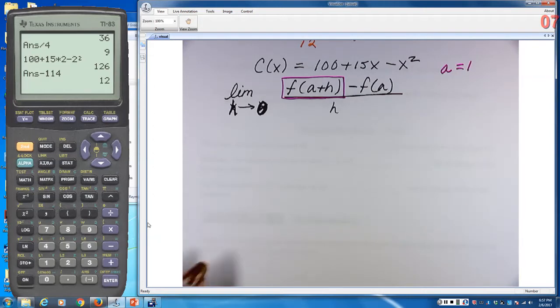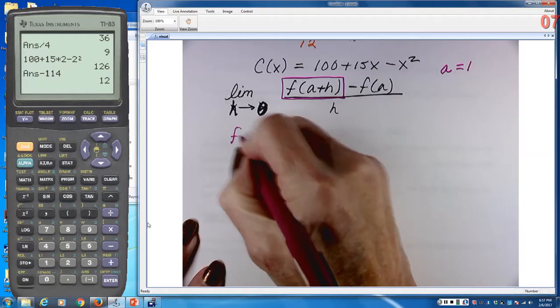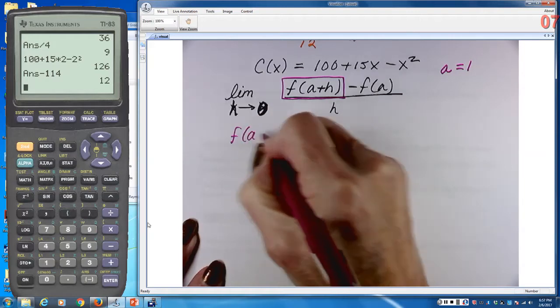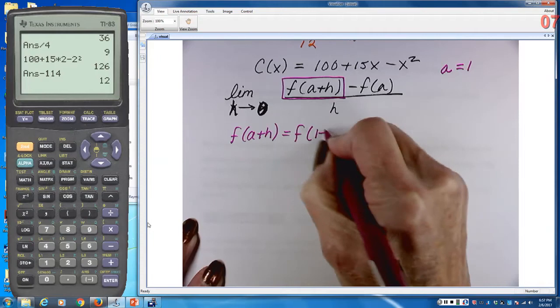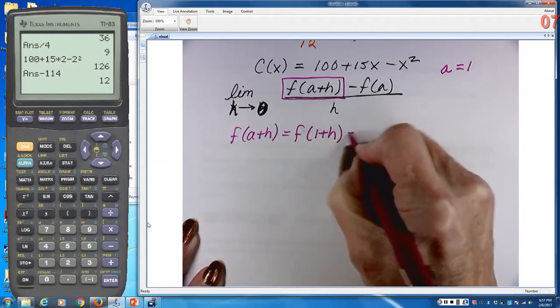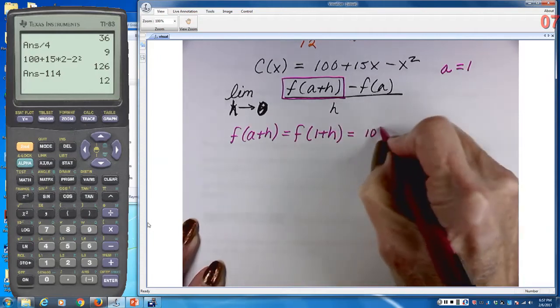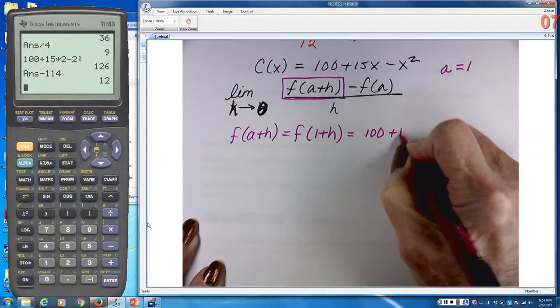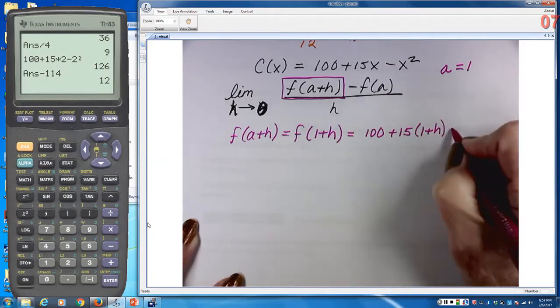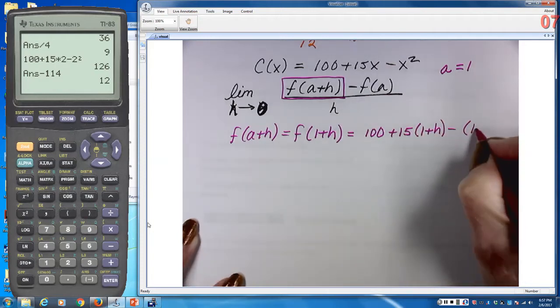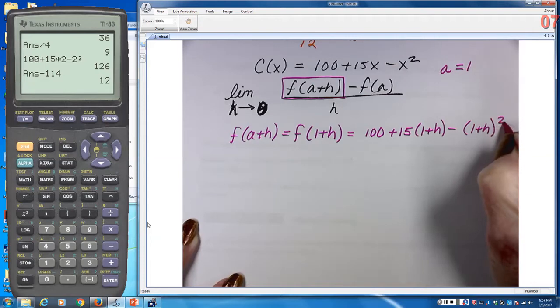Okay? So f of a plus h is f of 1 plus h, which is equal to 100 plus 15 times 1 plus h minus 1 plus h squared.